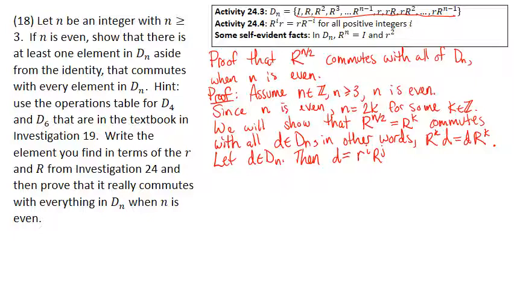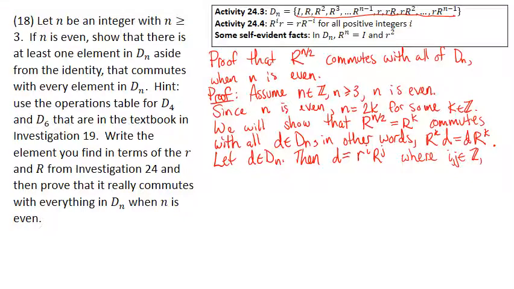Okay, so little d can be written in this form, and these exponents i and j, we're trying to say that little d can be any element of the dihedral group. So i and j, obviously, they need to be integers.